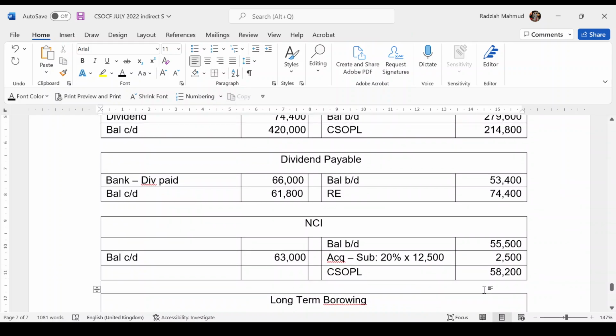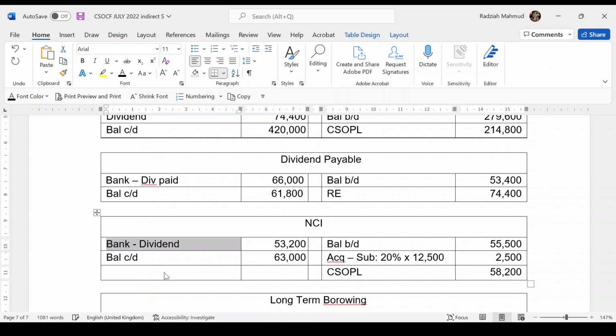We know that debit must equal to credit, so therefore the balancing figure is 53,200. So this is the cash paid, the dividend paid by NCI.